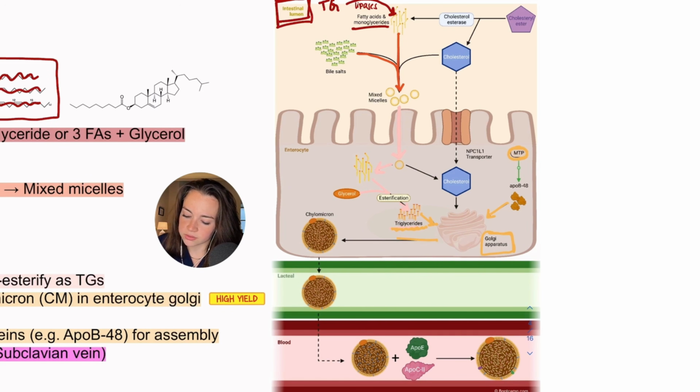We load all of those things together and we form our chylomicron. Then the chylomicron will go out into the lacteal, into the thoracic duct, and eventually the subclavian vein. Now we're in the blood supply. You can see we add on two more of those apolipoprotein surface markers here, and we are good to go. We have our chylomicron as we're going to leave it for the next video.